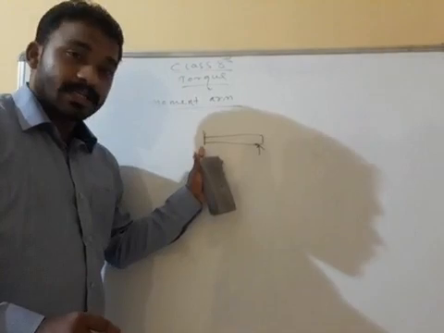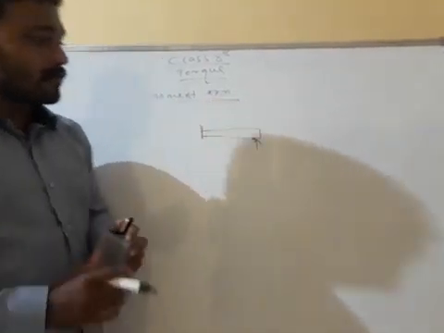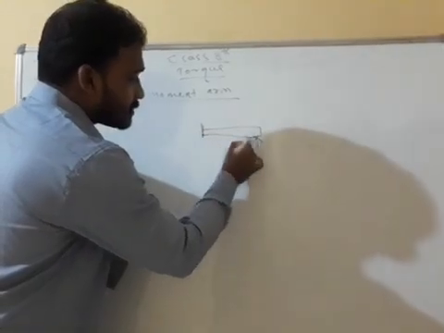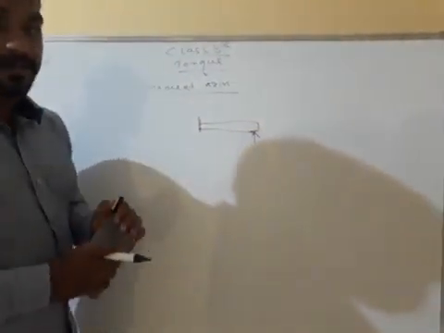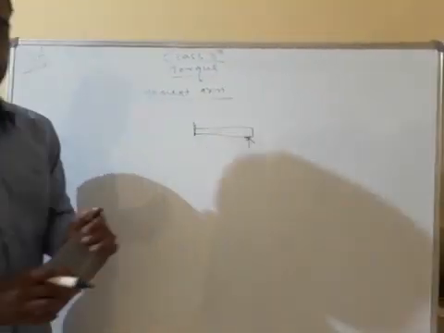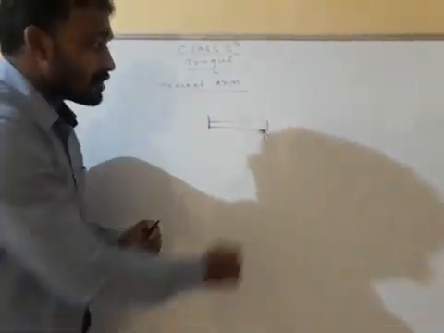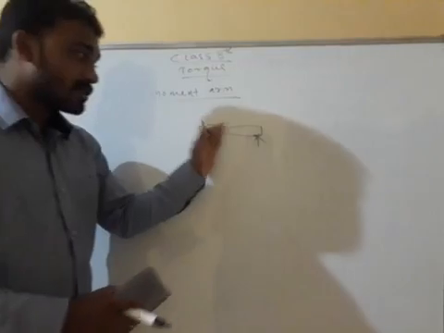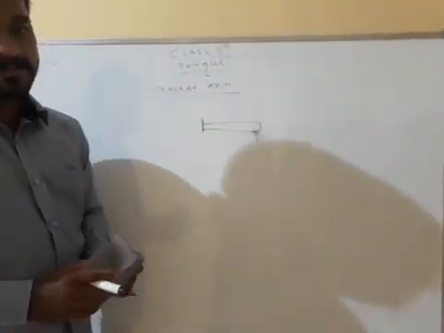In this case, this distance is called the moment arm. So the distance between the pivoted point and the line of action of the force is called the moment arm.